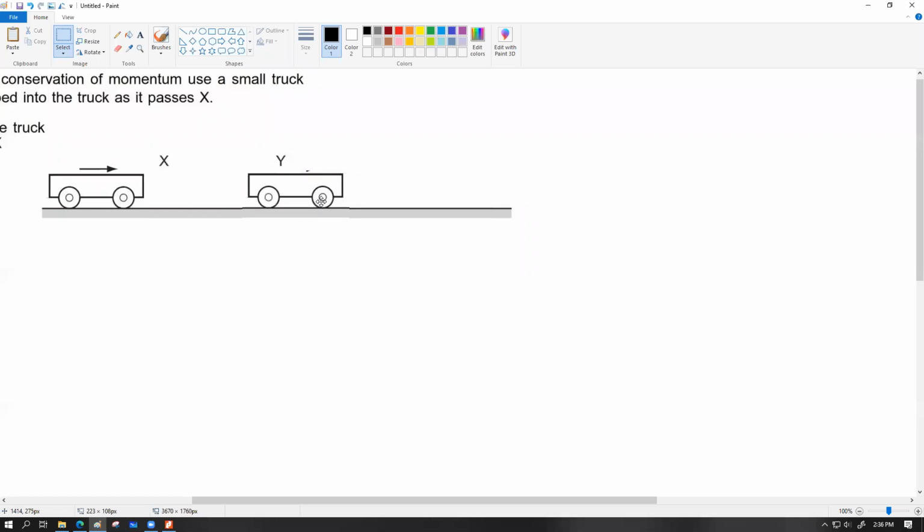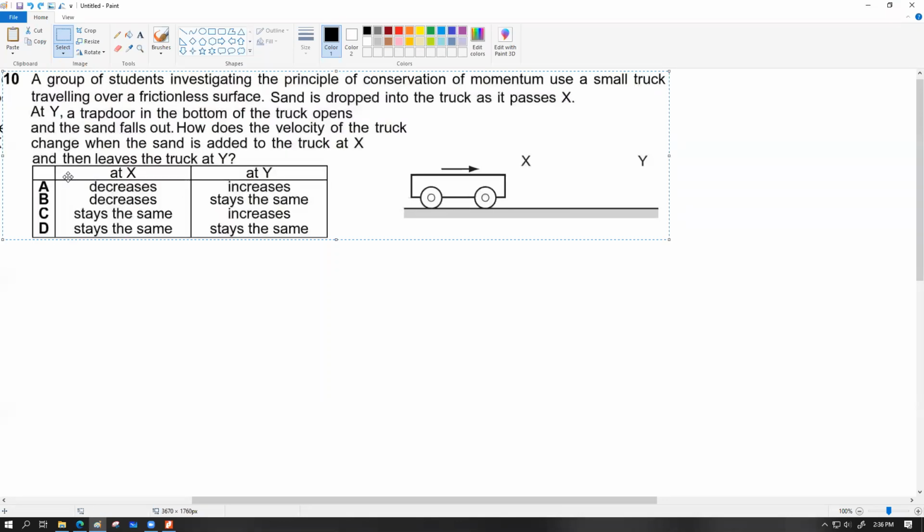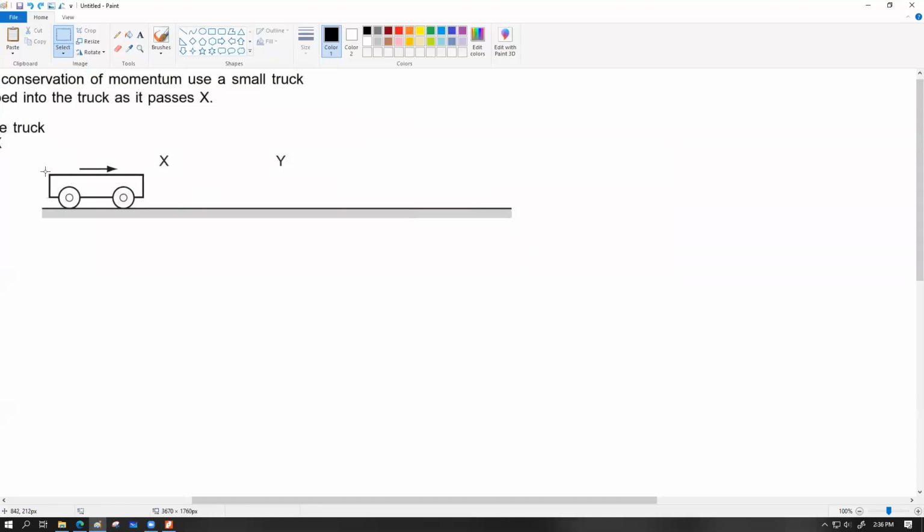Let's say this is now position Y, and here opens a trapdoor.